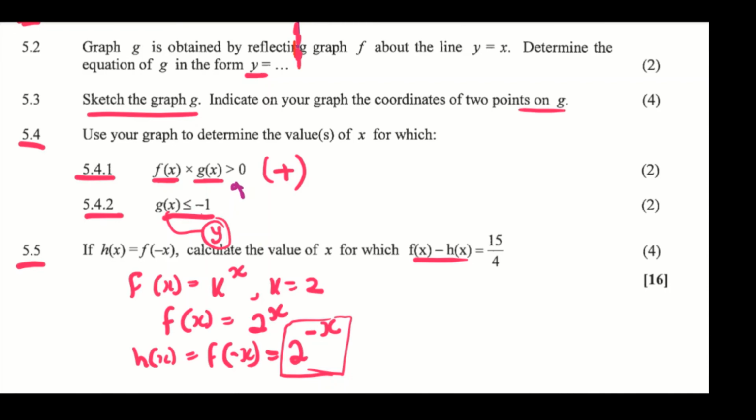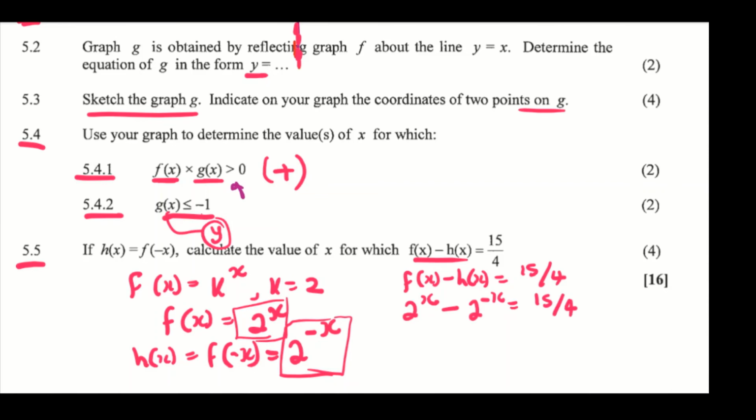So we have the equation of h of x, we have the equation of f of x. So we're going to say f of x minus h of x is equal to 15 over 4, right? So 2 to the power of x minus 2 to the power of minus x equals 15 over 4.